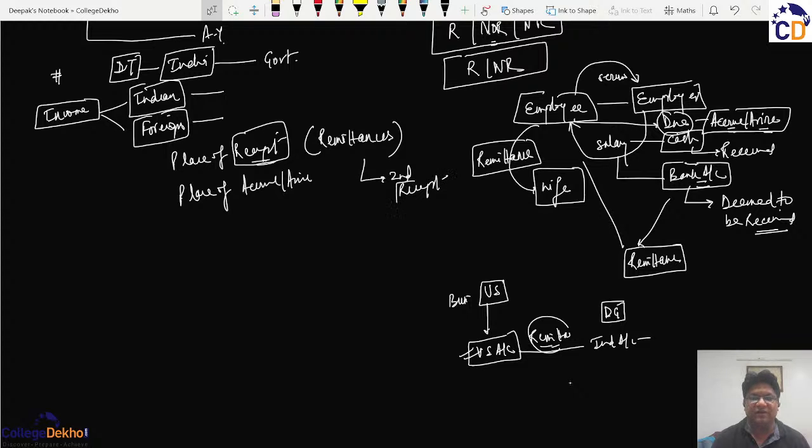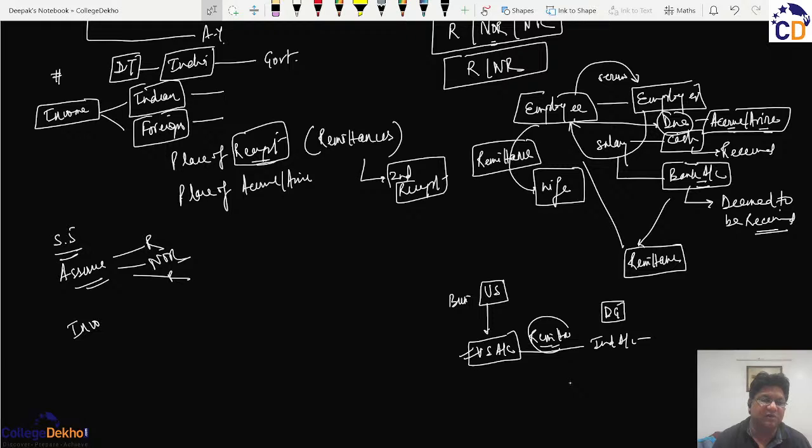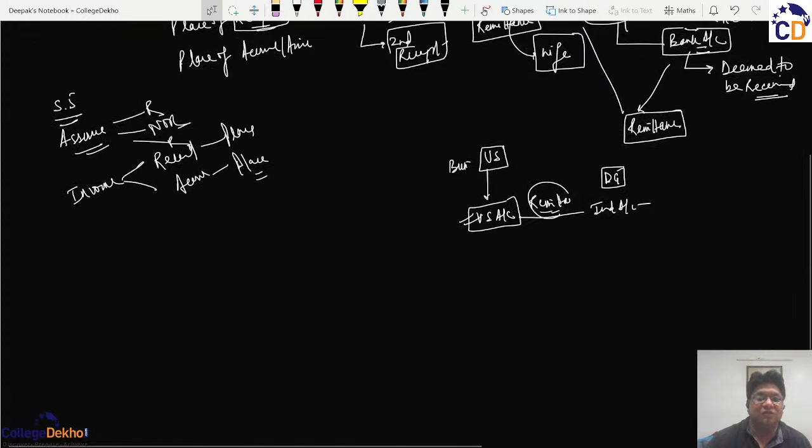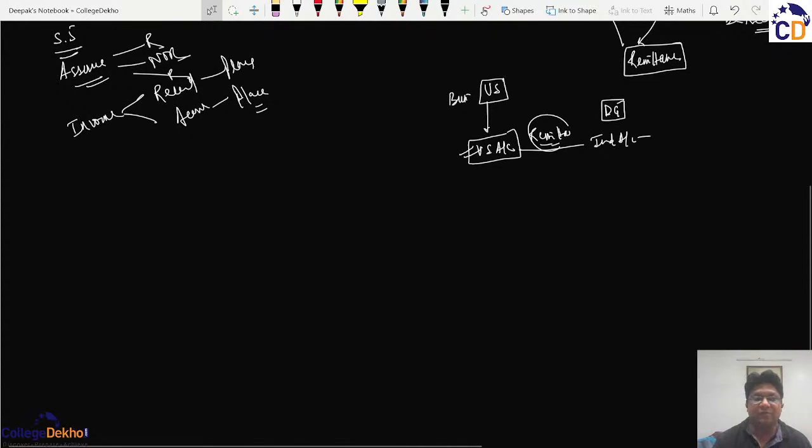And why I'm emphasizing this topic is that Section 5 will, for all assessees, keeping in mind whether they are resident or not ordinarily resident or resident, and keeping in mind whether the income is received or deemed to be received, that is the place, and also the place of accrual, decide the taxability of the income under the Income Tax Act.